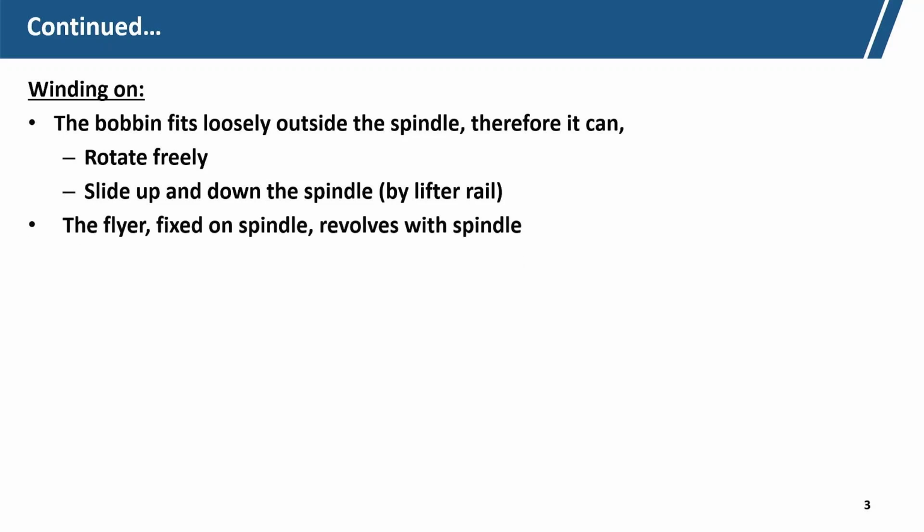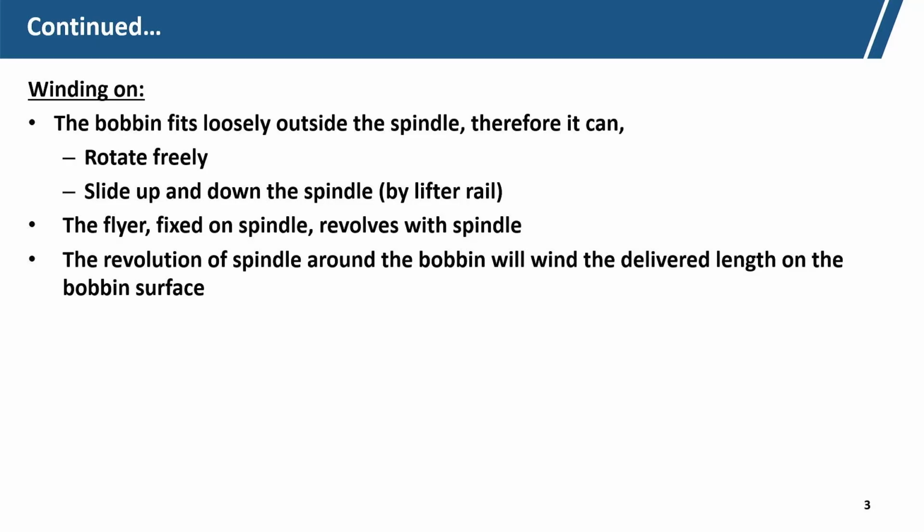The flare, on the other hand, is fixed on the spindle and revolves at the constant spindle speed. Here only one drive is given, that is only to the flare or spindle, which rotates at a constant speed. The revolution of the spindle around the bobbin will wind the delivery length on the bobbin surface.